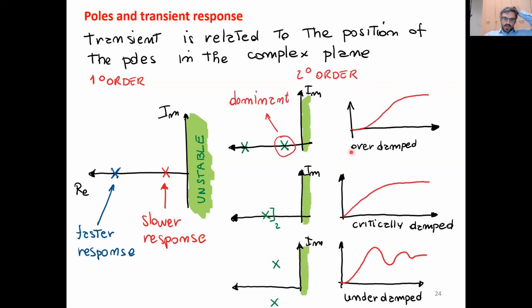And in the case of the second order, it's a bit more complex. We said you have 2 poles, and these poles can be complex or real numbers. So let's say the case where there are 2 distinct real numbers. And so you have a response like this, corresponding to these 2 real numbers. One is at low frequency, one is at higher frequency.